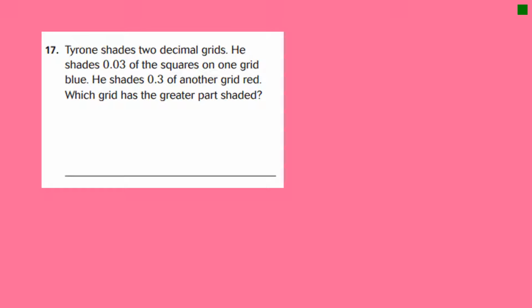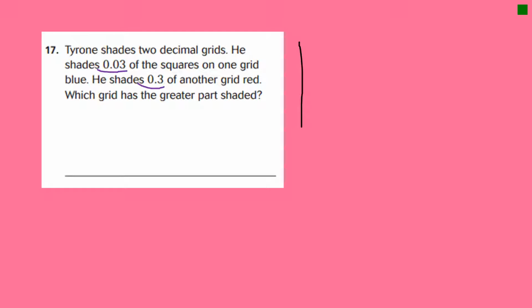Okay, so now we're at the bottom. It says, Tyrone shades 2 decimal grids. He shades 3/100ths of the squares on one grid, blue. He shades 3/10ths of another grid, red. Which grid has the greater part shaded?